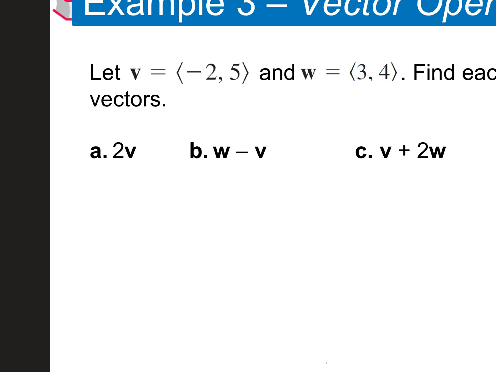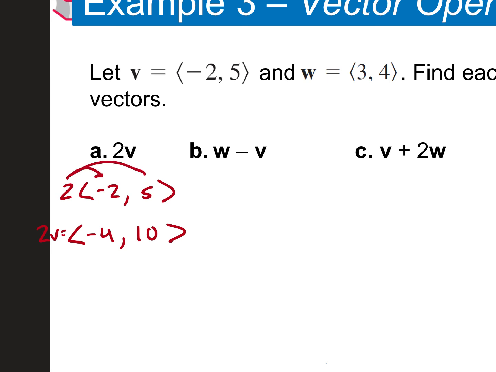So I would write down v. So I have 2 times vector v, which is -2, 5. And when multiplying by a scalar, we just distribute. So our new vector 2v is -4, 10. So we just distribute.